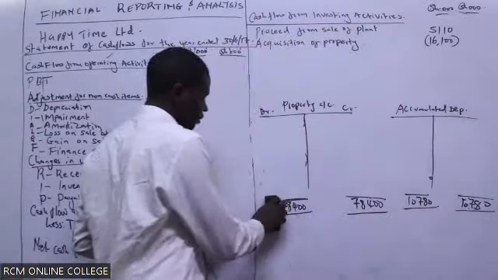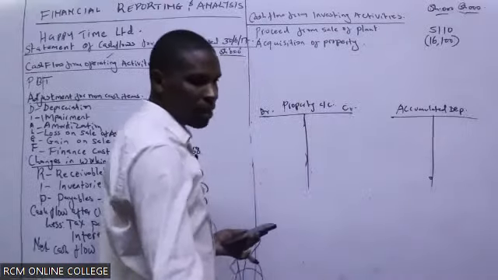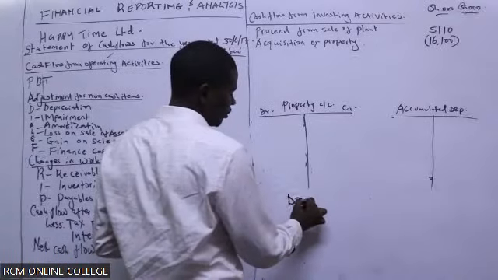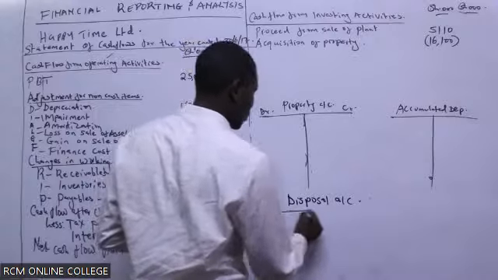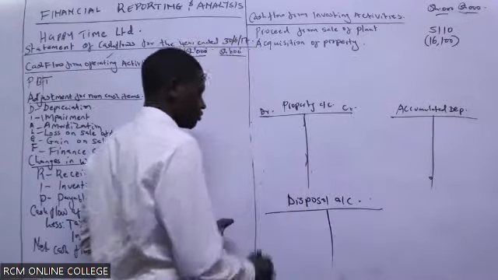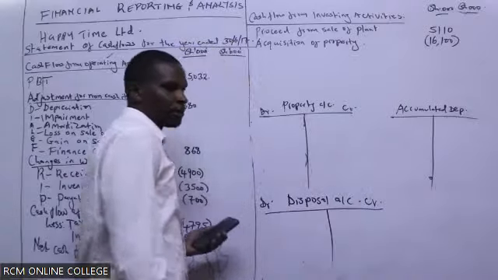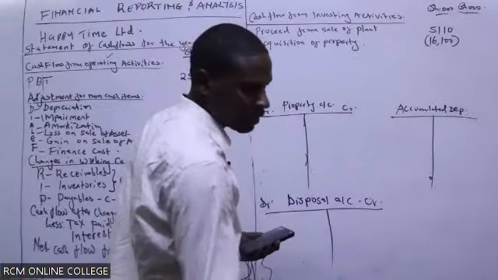I think hizi pia hatutaki hizi. But we can have another account here known as disposal account. Kwa sababu plant walifanya nini? Wali disposal. This debit, this credit. Debit, credit. Now, let's go direct to our, not property, but plant now.